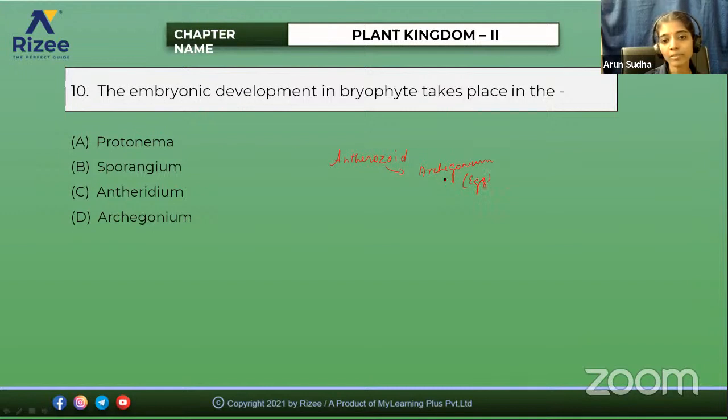So the fusion happens in the Archegonium, and after fusion the zygote is formed, and then the embryo forms. So where is the formation of the embryo happening? In the Archegonium. So the option D will be the correct option here.